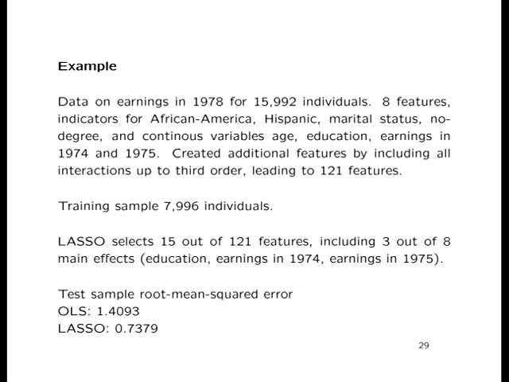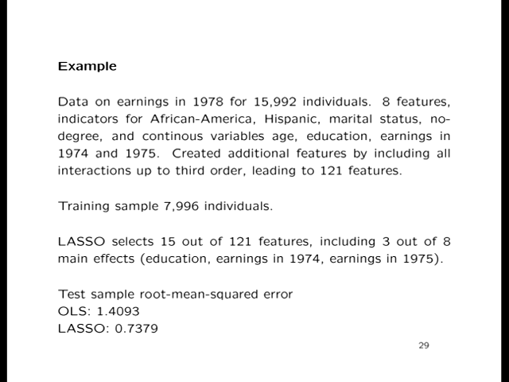Just to show you how this performs relative to least squares. So I took some data, actually from a data set that I've used many times, that's originally from Lalonde. Here I have data on earnings and 8 covariates, some binary, some continuous.